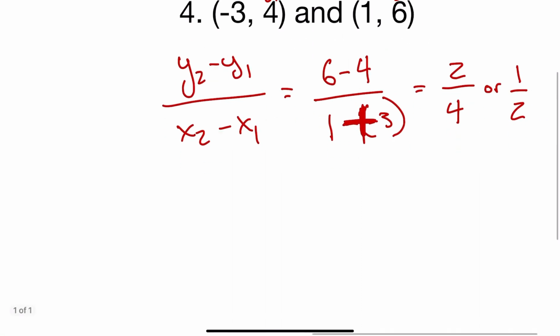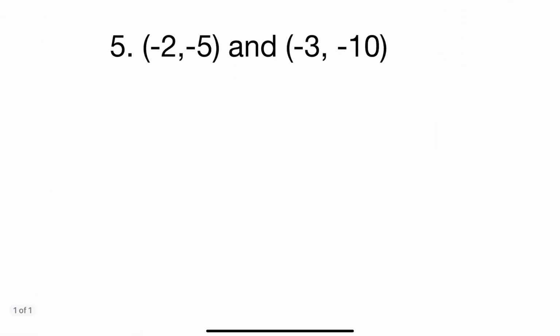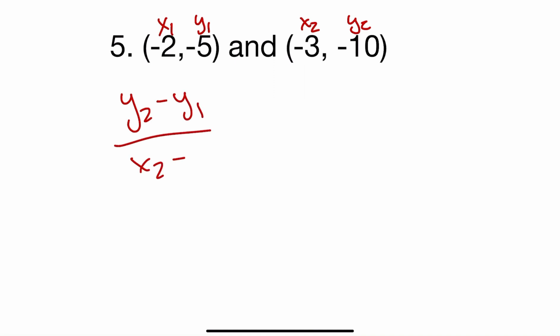All right, so last one we got here at the bottom. Same thing once again. We got x1, y1, x2, y2, y2 minus y1 over x2 minus x1. All right, let's start plugging stuff in. I have y2, that's -10, minus y1.